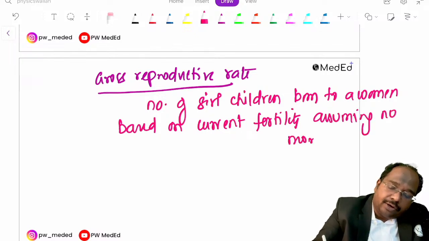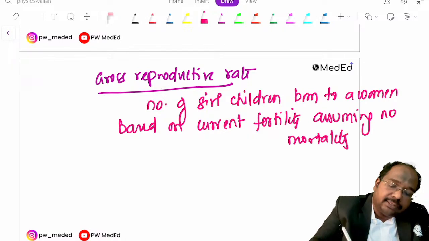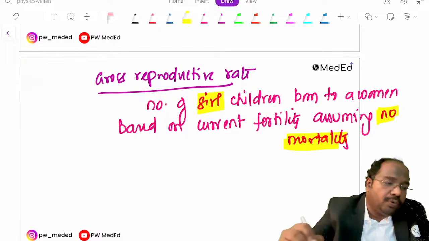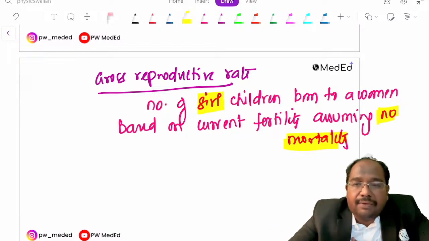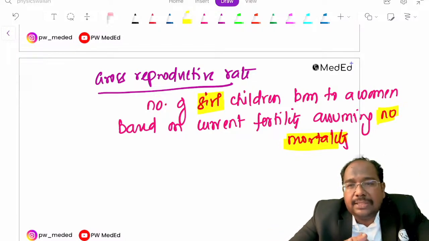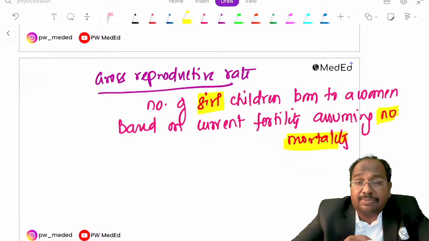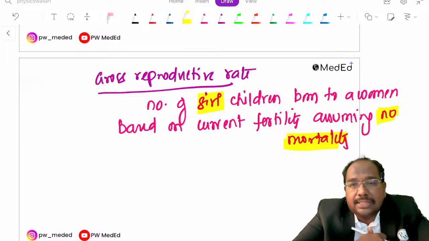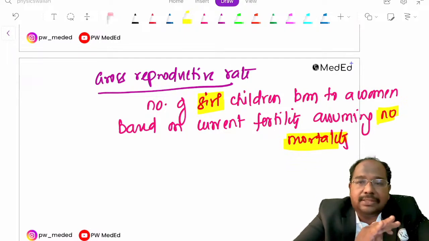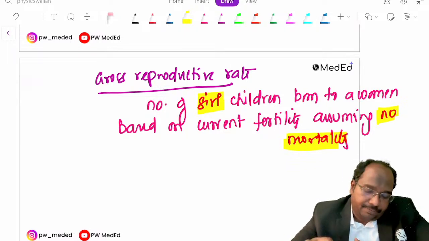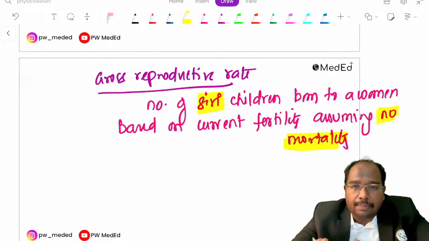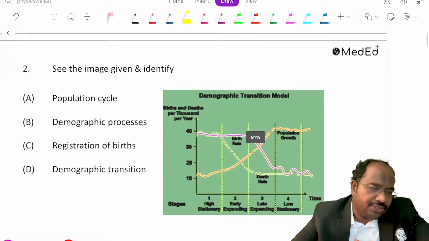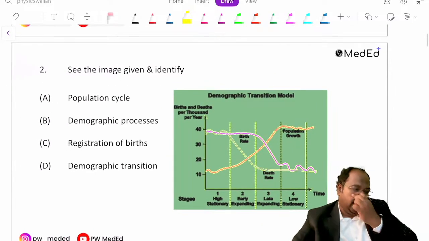So we are not taking mortality into consideration, guys. This is gross reproductive rate. Anyway, I'll send this PDF to you, you just answer the questions. As far as your exams are concerned, this is a very important chapter. Out of all chapters, I feel demography is the most important. Girl children based on current fertility, assuming no mortality. Answer this question, guys. Next question.